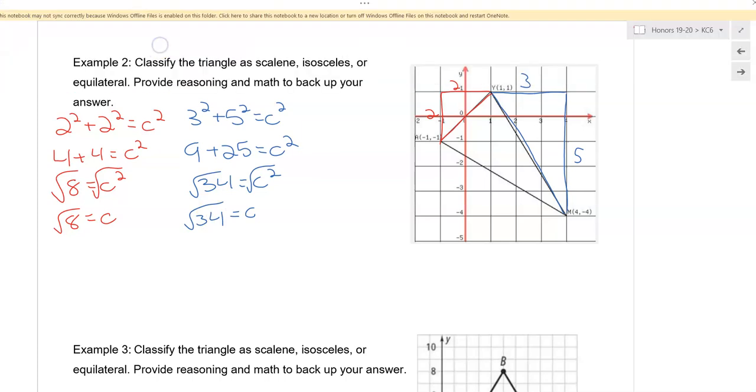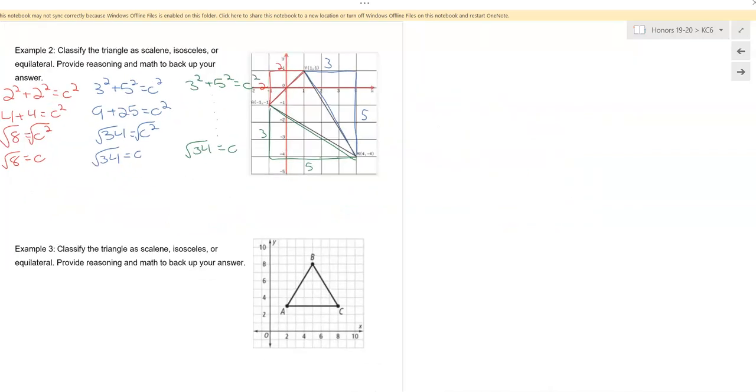All right, our last side is this green side. Well, this is also 3 and 5. I'm not going to go through all the work again, right? We already did it. Okay, so again, use the symmetry, use those equal things to your advantage.